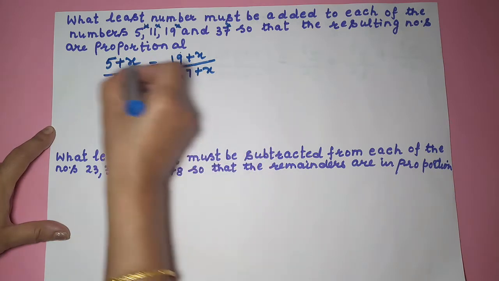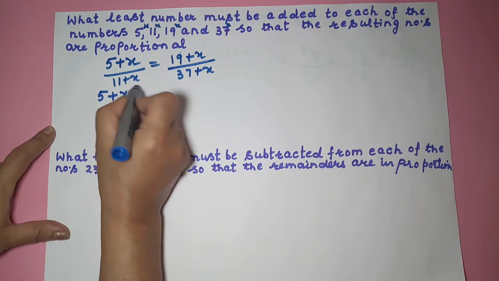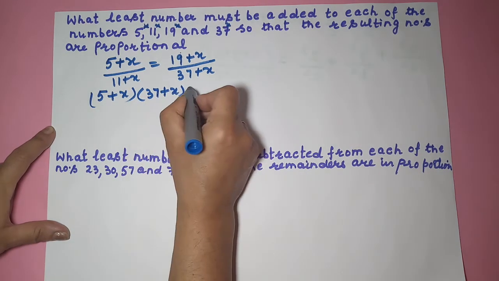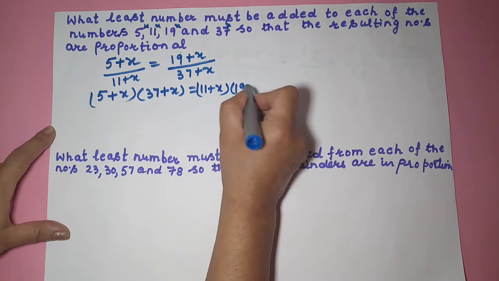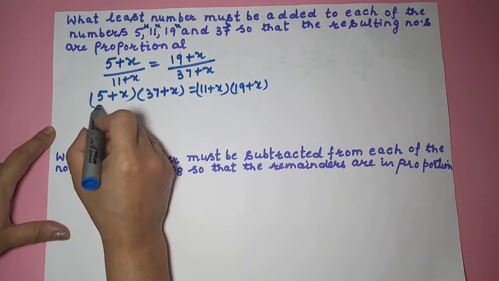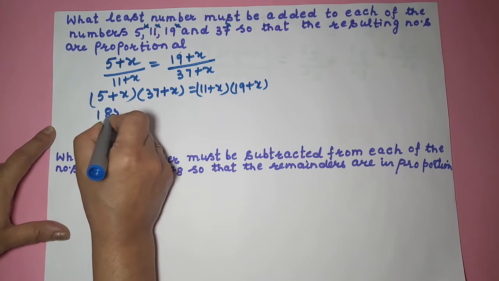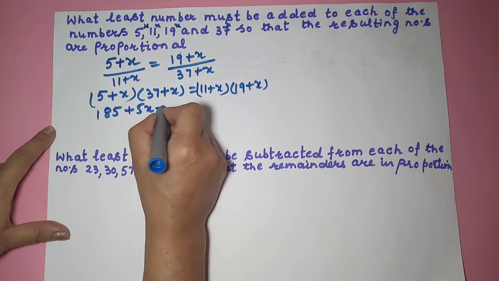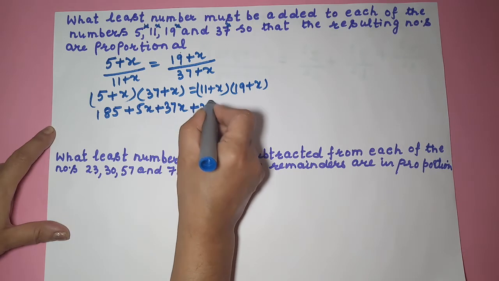Now we have to find the value of x, so we will cross multiply. 5 plus x into 37 plus x is equal to 11 plus x into 19 plus x. So 37 into 5 is 185 plus 5x plus 37x and plus x square.